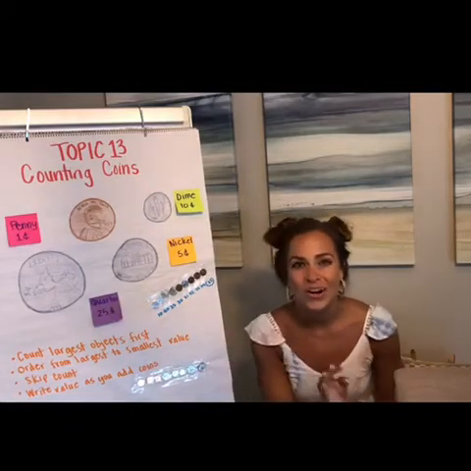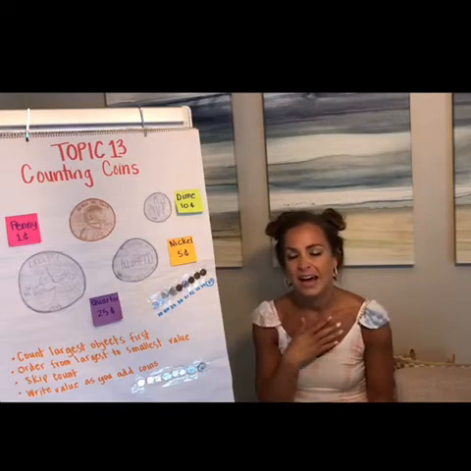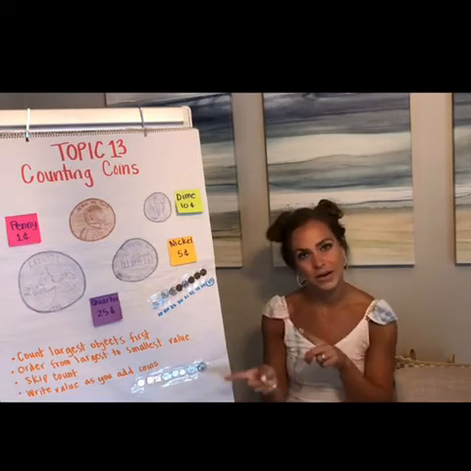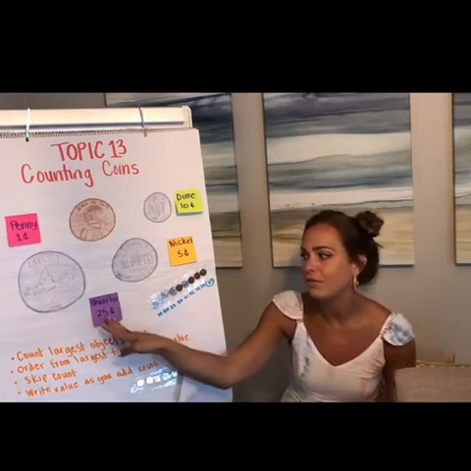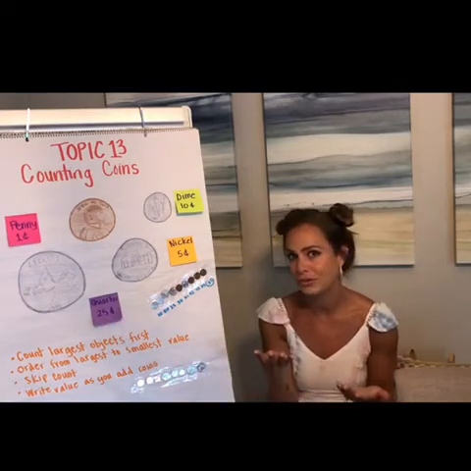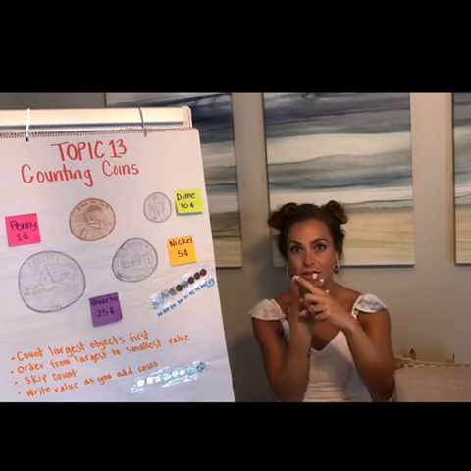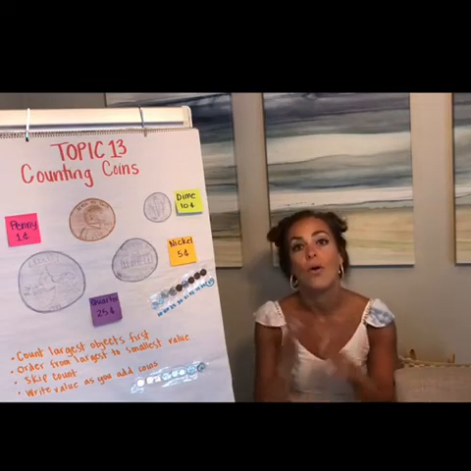And then the quarter is sometimes hard to skip count, but I kind of sing it. I say 25, 50, 75, $1. You need 4 quarters, just like what we learned in fractions. So you need 4 quarters to equal your whole dollar.